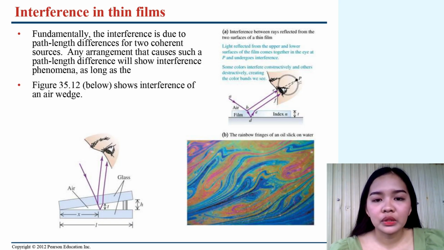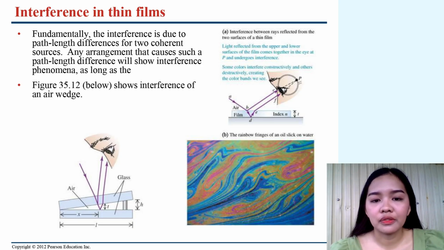Now we move from two slits to thin film interference. This is the physics behind soap bubbles, oil slicks, and anti-glare glasses. The idea is the same: two waves, path difference, interference, but here the two waves come from reflection.